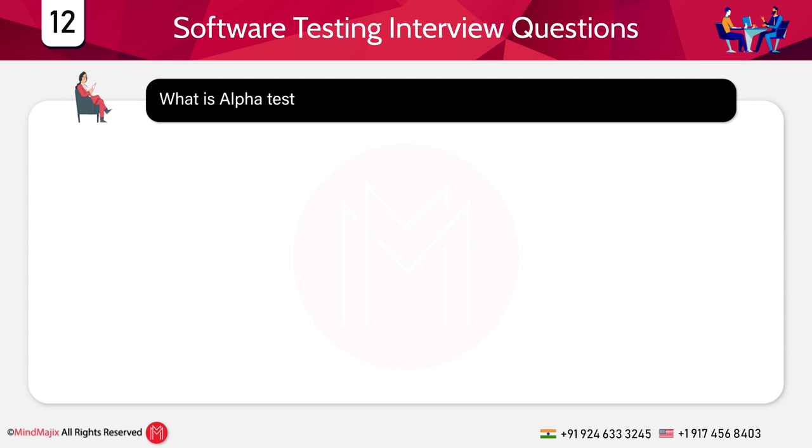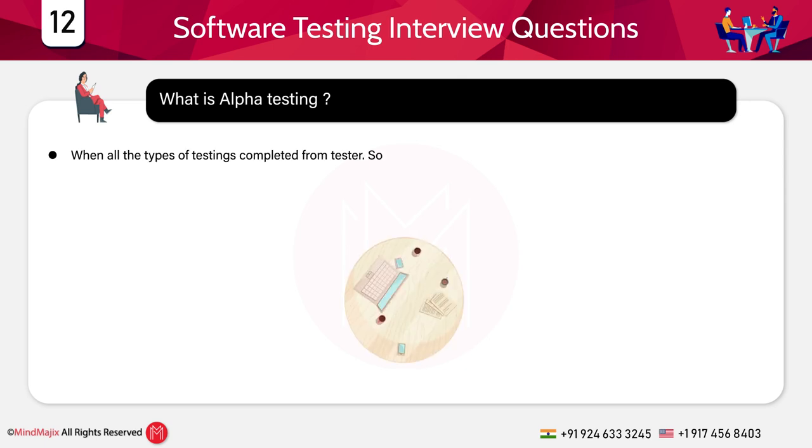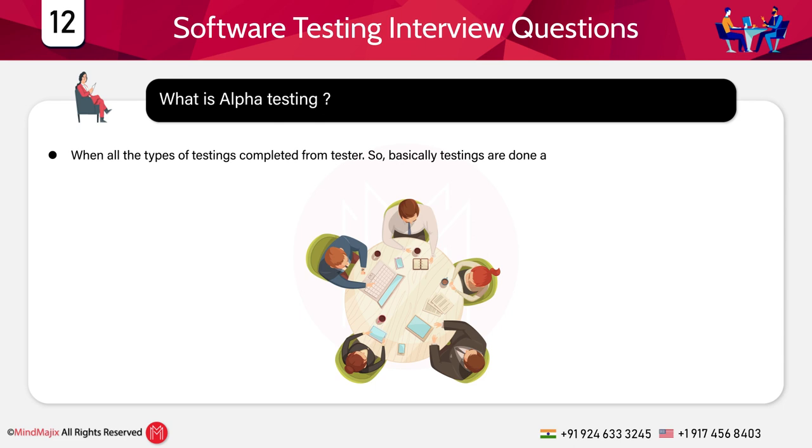What is alpha testing? It is nothing but when all the types of testing are completed by the tester. Testing is done in the testing environment, but in real time the environment can be different. Consider that we have executed on a Linux box of a particular version, whereas when it goes to real-time production, the Linux box can be of a different version or release.